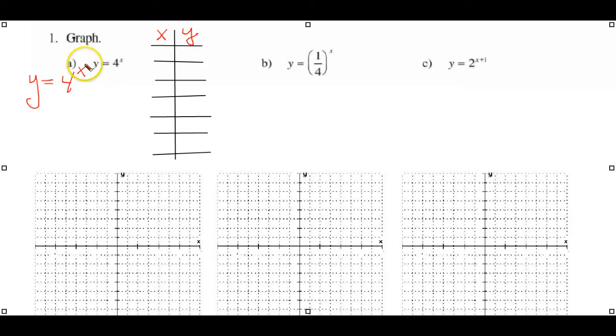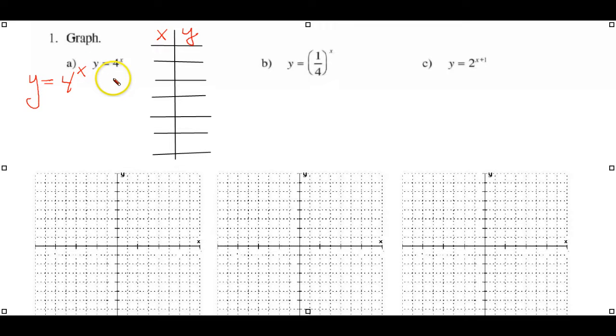If you put this in your calculator, you're going to get the graph. But here we're going to put values in our t-chart that will generate some points on a graph that we can then use to graph this function.